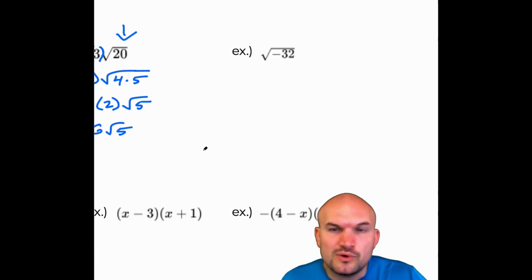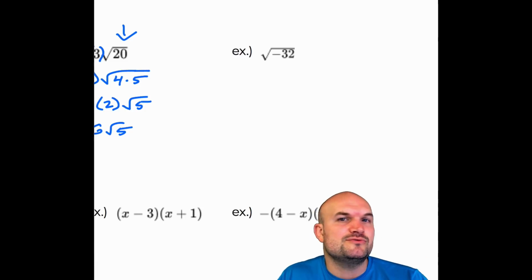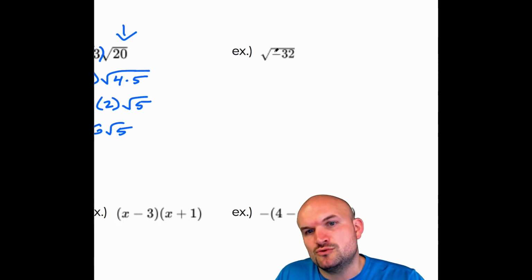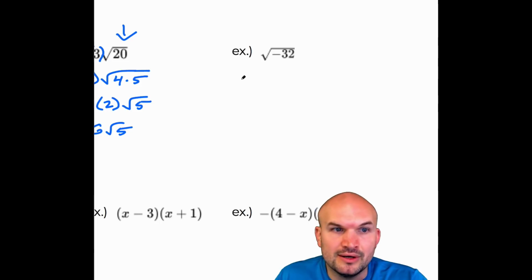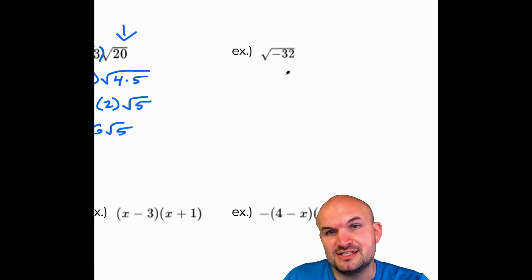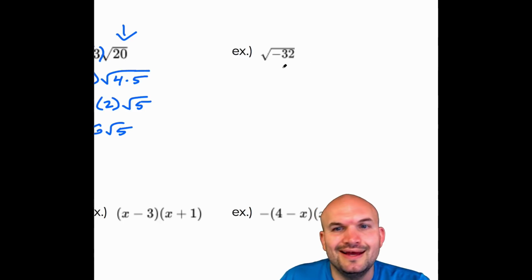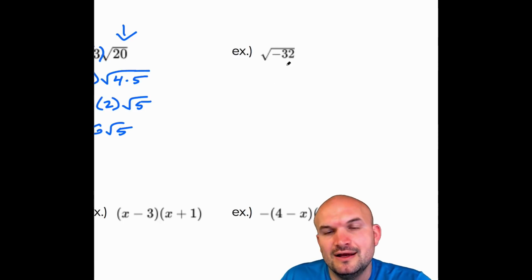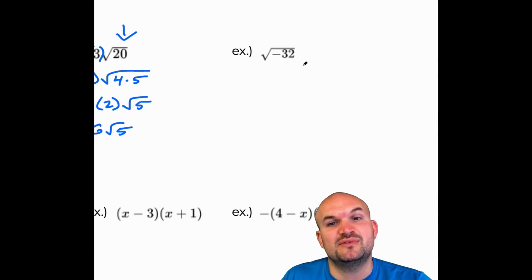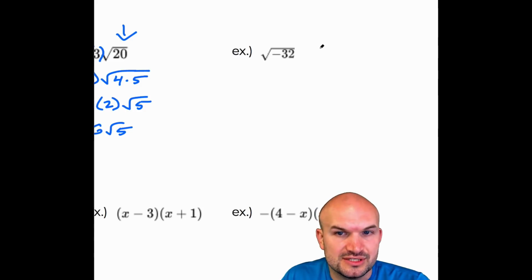So I wanted to throw in a couple of examples to remind you, because obviously under the real number system you can't take the square root, or any even root, of a negative number. But something we learn in Algebra 2, as well as cover in pre-calculus, is using the complex number system. If you haven't covered that at all, don't worry, just make the number positive and simplify it. But for those of you a little bit familiar with i and complex numbers, we'll simplify this using the complex number system.